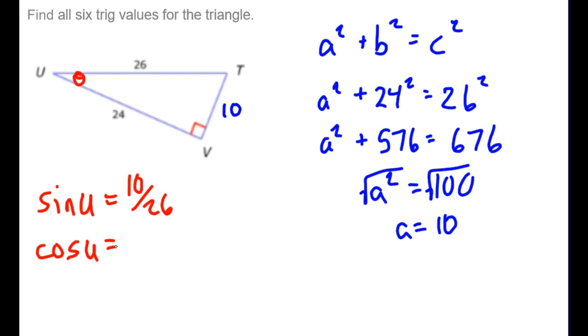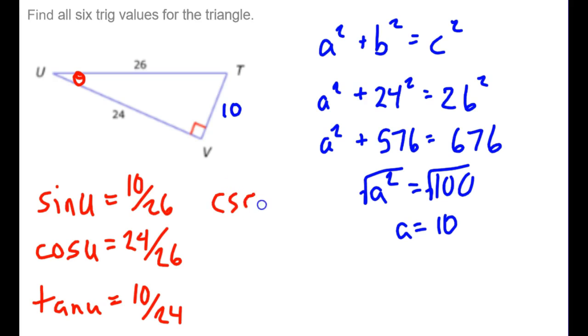Cosine of U is equal to the adjacent over the hypotenuse, which would be 24 over 26. And tangent of U is opposite over adjacent, which would be 10 over 24. Now once we have these three, we can go through and find the other 3 trig ratios. Remember, this is a little confusing, but the trig ratio that corresponds to sine is cosecant.